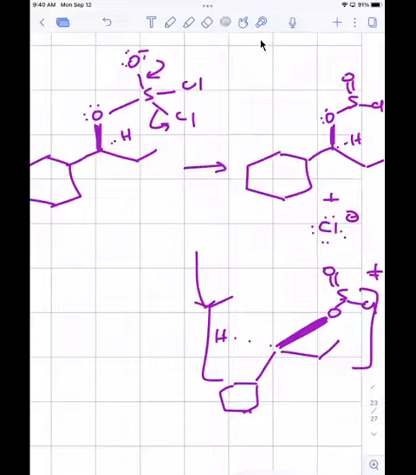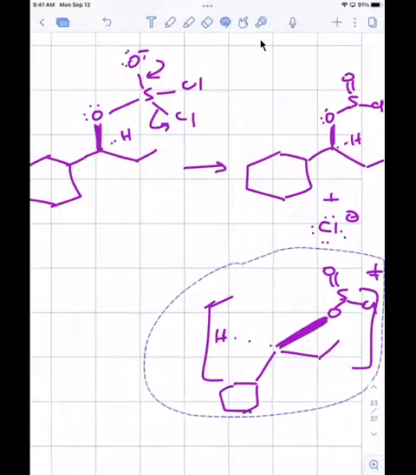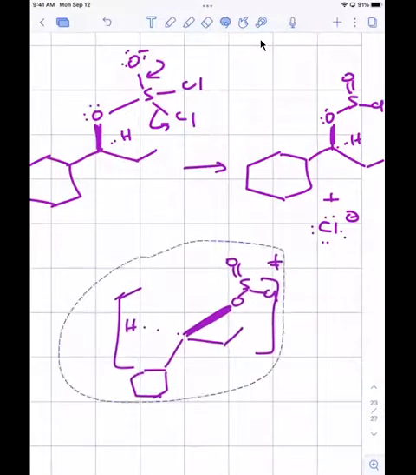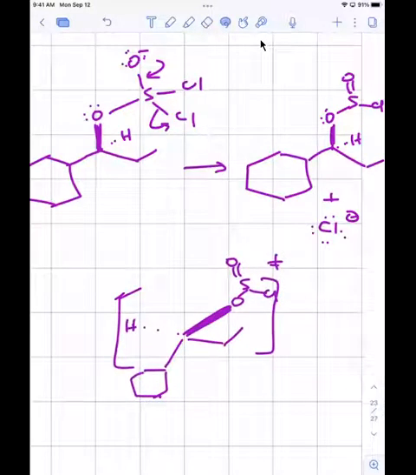So let me move that over. That's going to be cramped up. Let me draw this neater now.